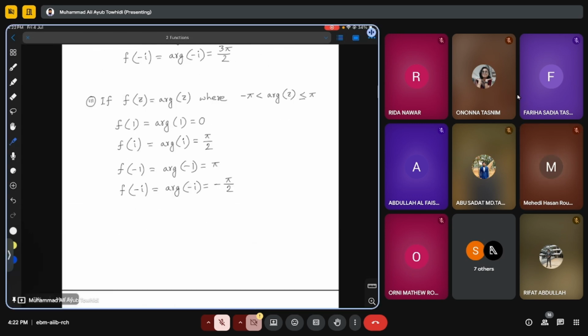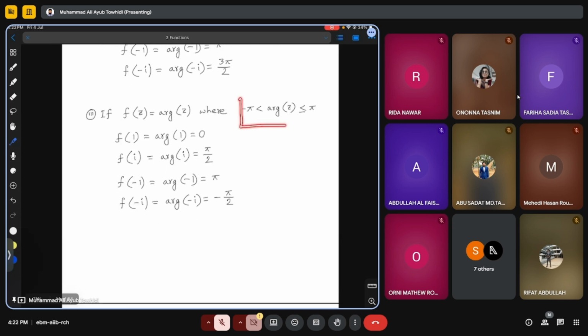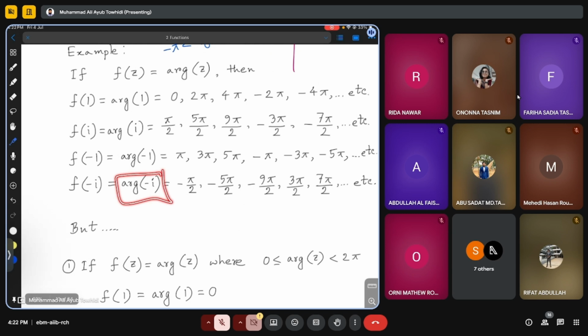Say if I say argument of minus i within this range. In general, argument of minus i, it can be minus pi by 2, minus 5 pi by 2, minus 9 pi by 2, or even plus 3 pi by 2, plus 7 pi by 2, anything.